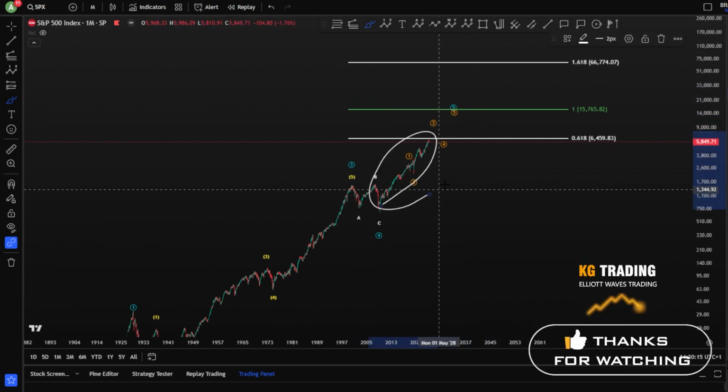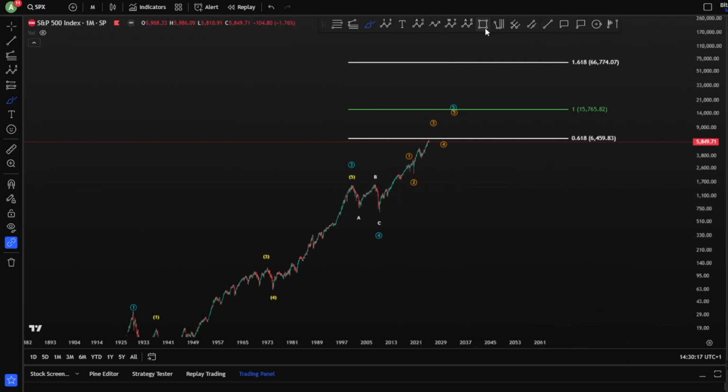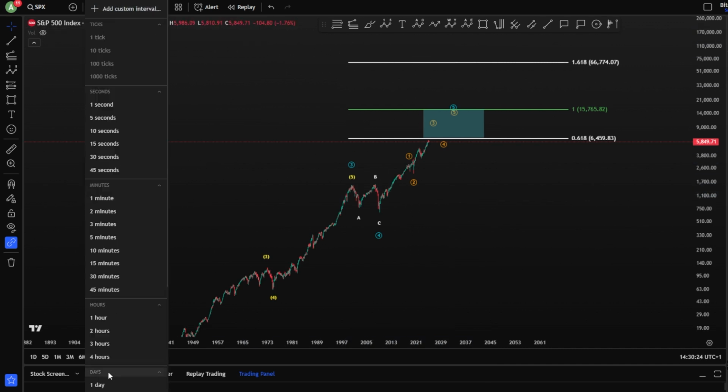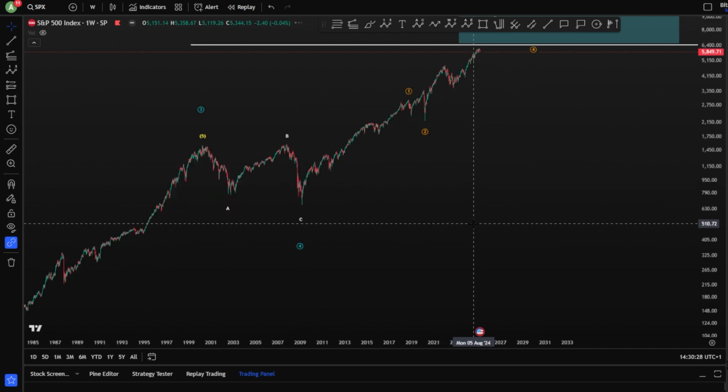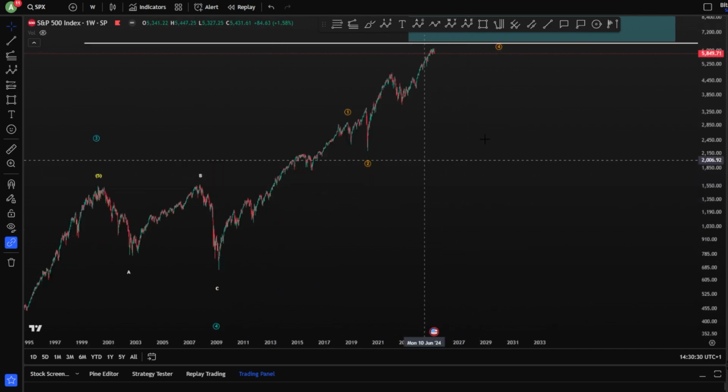However, this wave 5 still has to be analyzed internally to see if we have topped or not yet. If we take a look here on the weekly for this wave 5 toward the upside, we can see inside this wave 5 we have a 1, 2, 3, 4, and a 5, right?